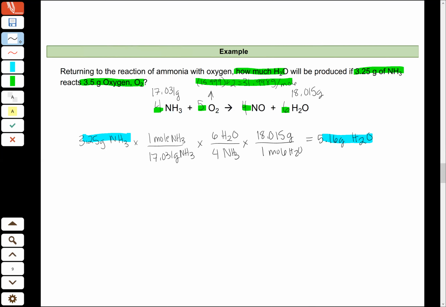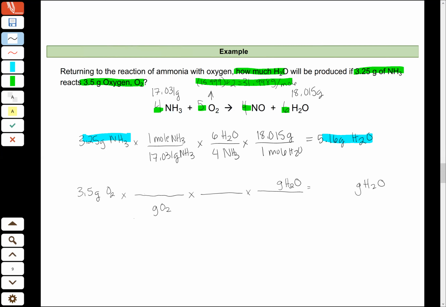Okay, so let's set this up again. We're starting with 3.5 grams of oxygen. And we are going to need to convert this into grams of water. So my grams of water will be where I want to end up with my units. And I want to start by getting rid of my grams of oxygen. Now, my only conversion factors that have grams in the units are our molecular masses.